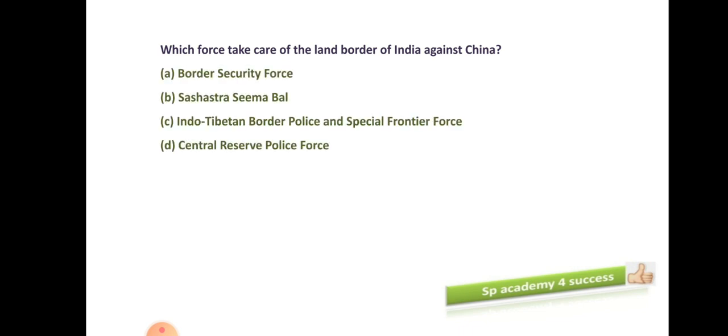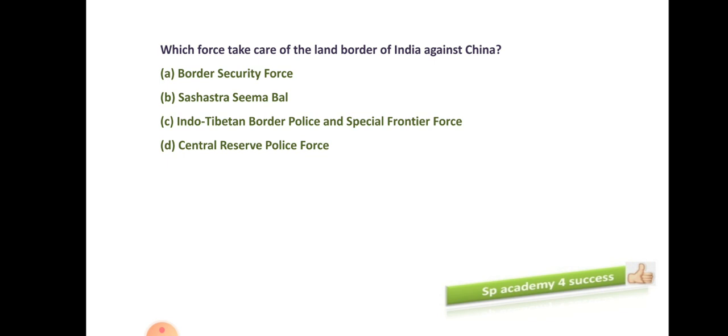The Border Security Force, Sashastra Seema Bal, Indo-Tibetan Border Police, the Special Frontier Force, and the Central Reserve Police Force. So which of these is the correct one?